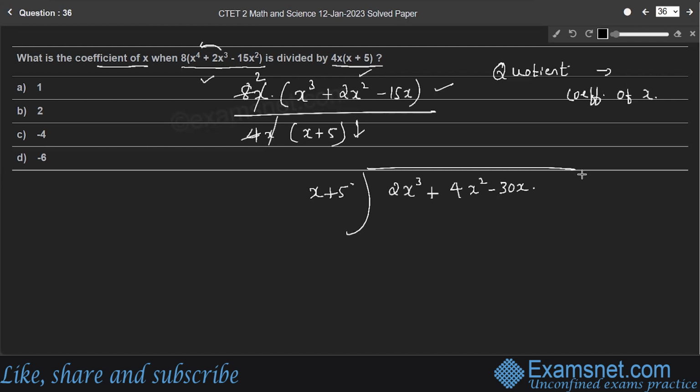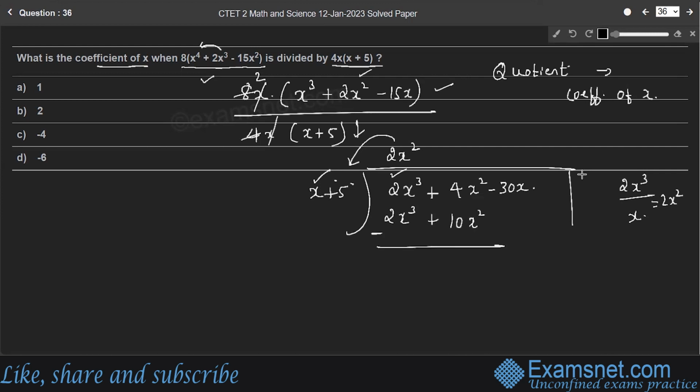An algebraic expression divided by another expression. So how to divide that? Take the first term, 2x^3, divided by the first term of the divisor, x. You will get 2x^2, so in the quotient part you write 2x^2. Multiply 2x^2 by x plus 5: 2x^2 into x is 2x^3, plus 2x^2 into 5 is 10x^2.